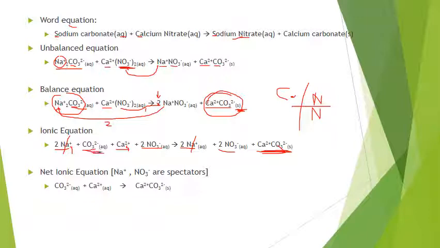So I gotta leave this. This is AQ, put it here, and now it's a solid, so I gotta leave that. And the NO3 is AQ on both sides, and so they cancel out. So you have 2 spectators in double replacement. And so what you're left with is carbonate plus calcium gives me calcium carbonate.